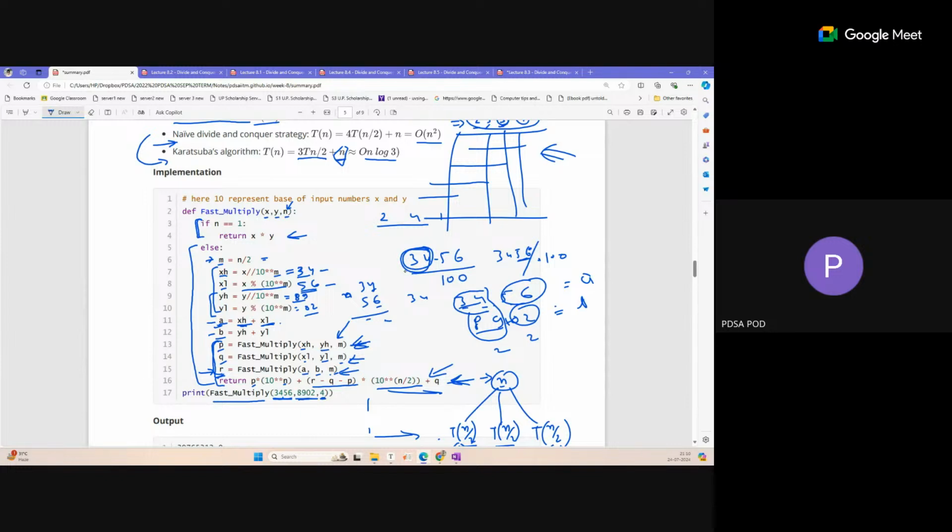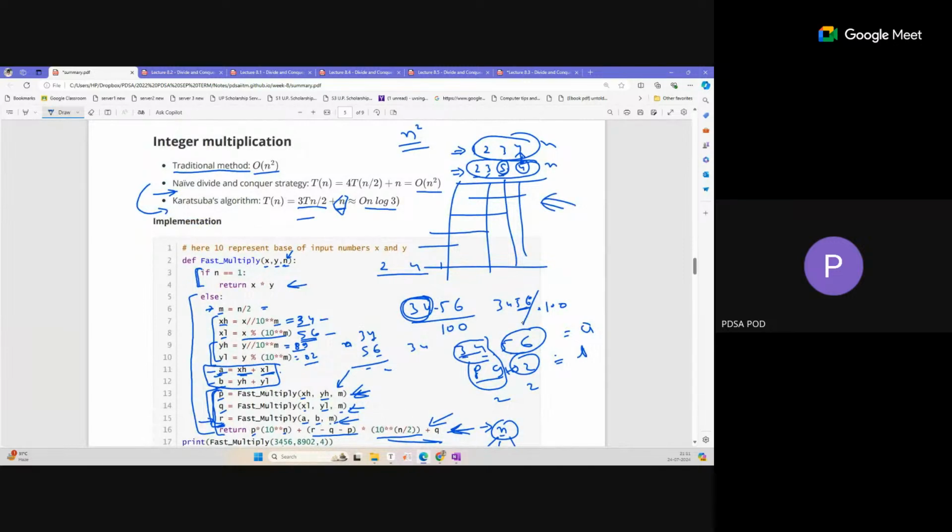After you get that n/2 plus n/2 size, you will get close to your n size for this type of operation. So apart from this recursive call, you have the remaining time n. We are getting this recurrence relation, and when we solve it, we will get a complexity of n to the power 1.5 or so.